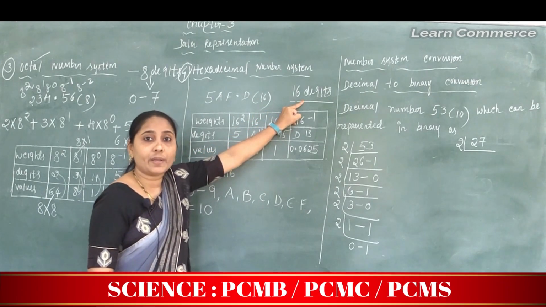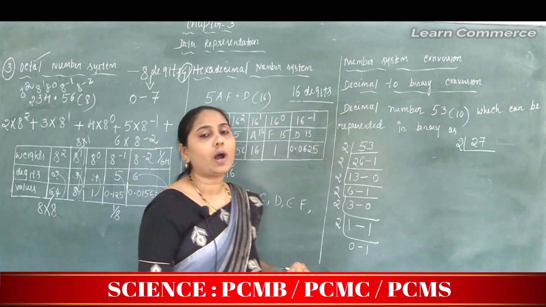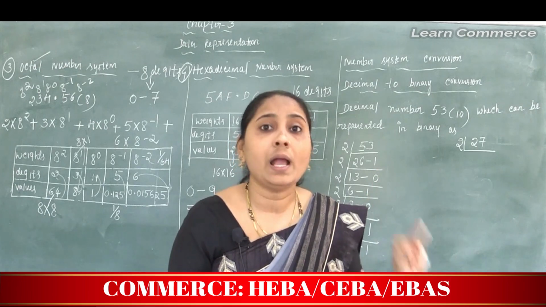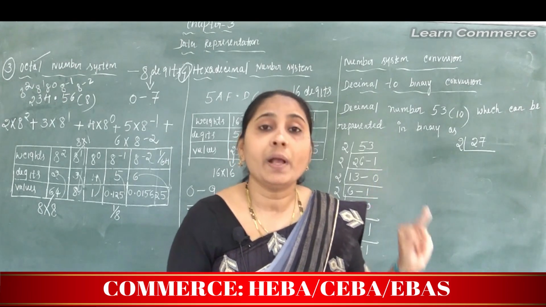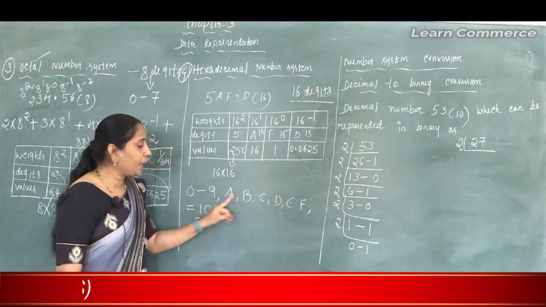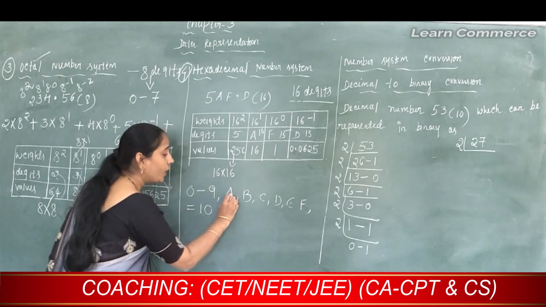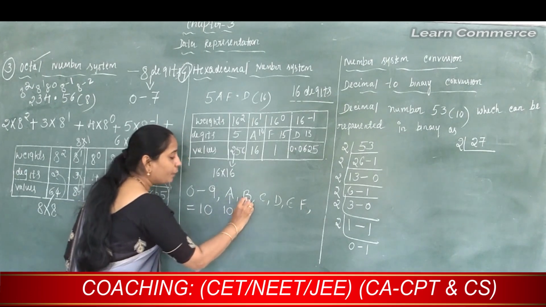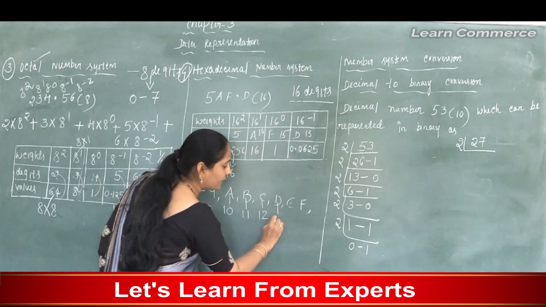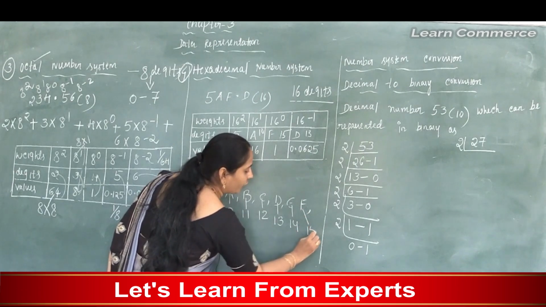So the base value is 16, the radix value is 16, so the positional value is also expressed in power of 16 only in our hexadecimal number system. We can say that the digits A, B, C, D, E, and F have decimal equivalents: A is equal to 10, B is equal to 11, C is equal to 12, D is equal to 13, E is equal to 14, and F is equal to 15.